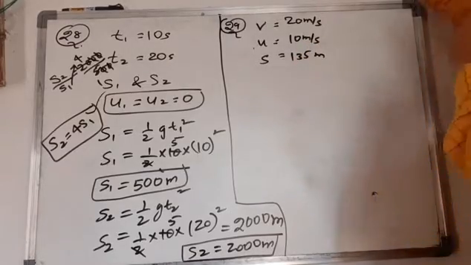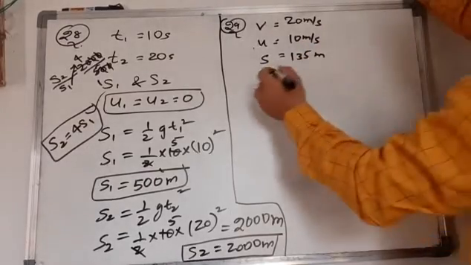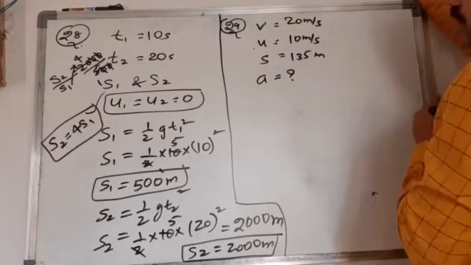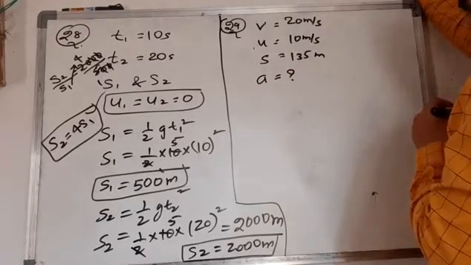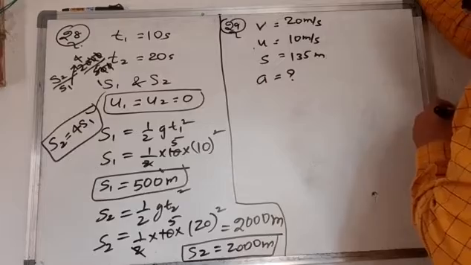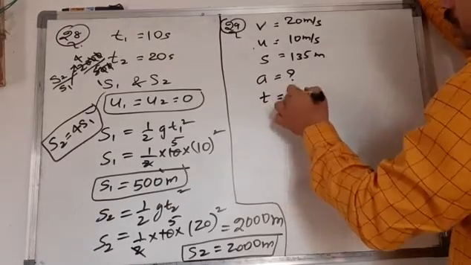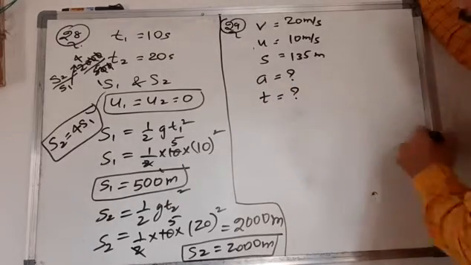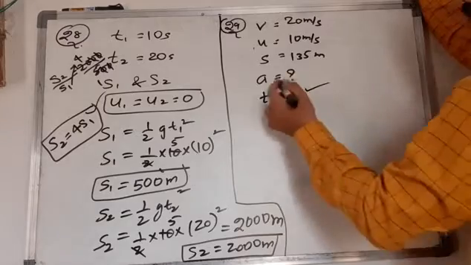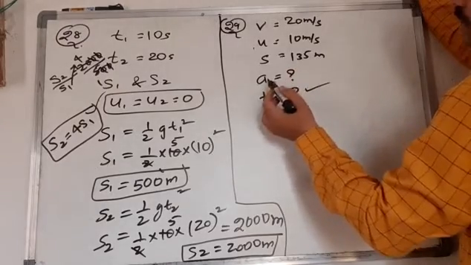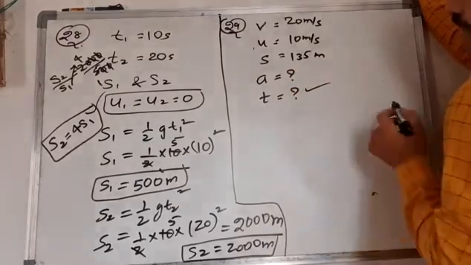So here he is asking us to find A is equal to how much, and afterwards you have to find T is equal to how much. Time he is asking actually. So if you find A, we can easily find time.